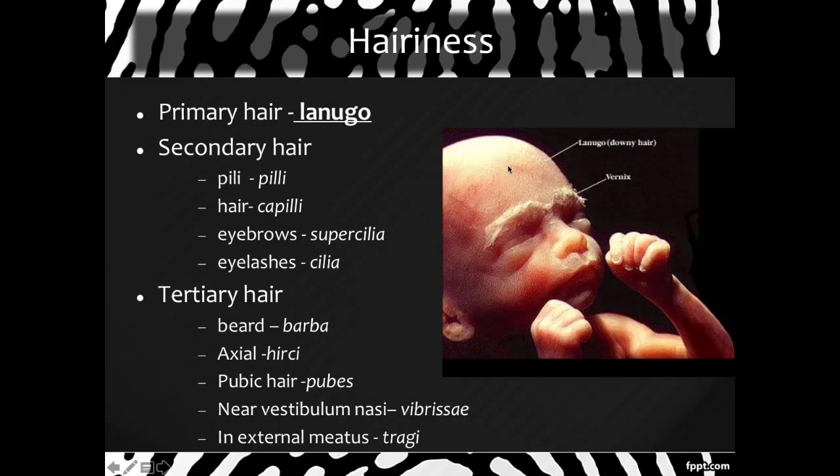The lanugo is part of the vernix caseosa, with the production of sebaceous glands and exfoliated epithelium from the surface. Secondary hair is the hair which is common for all people: hair, eyebrows, eyelashes, and so on. We all have this. And tertiary hair is influenced by the concentration level of sex hormones. So it is typical for male and female.